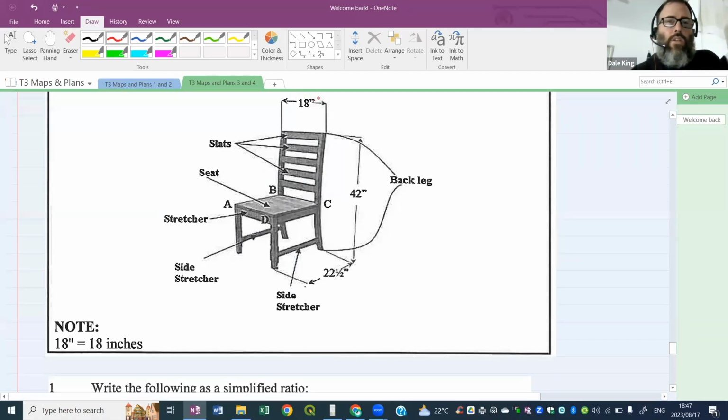There's a third dimension here, an 18 at the top. So there are 3 dimensions here. Which 2 do you think we need? We need the 18 and the 42.